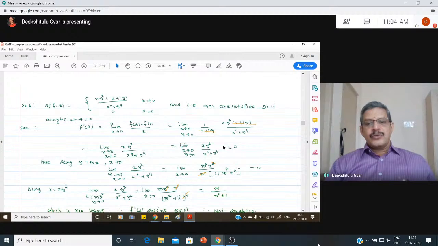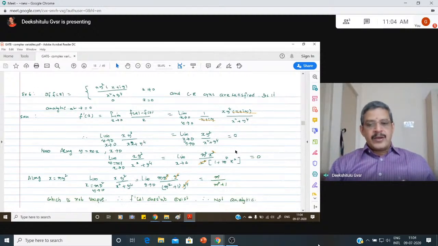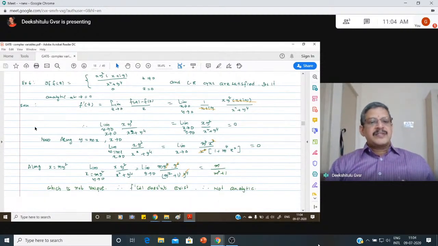So when x goes to 0, this limit becomes 0. Similarly, if y goes to 0, then xy²/(x² + y⁴) becomes 0 when you put y equal to 0. So in both cases the limit is 0. Not enough. Then let us consider the straight line y = mx, with x going to 0, so y also goes to 0.